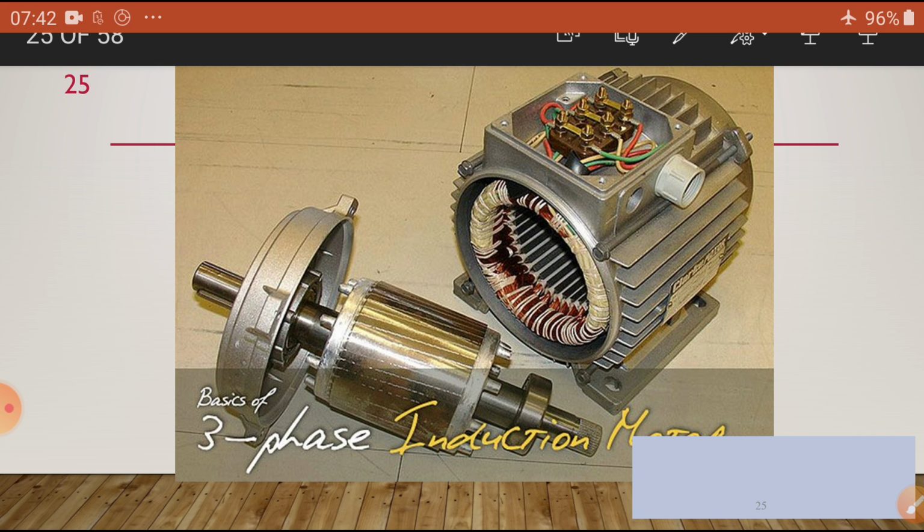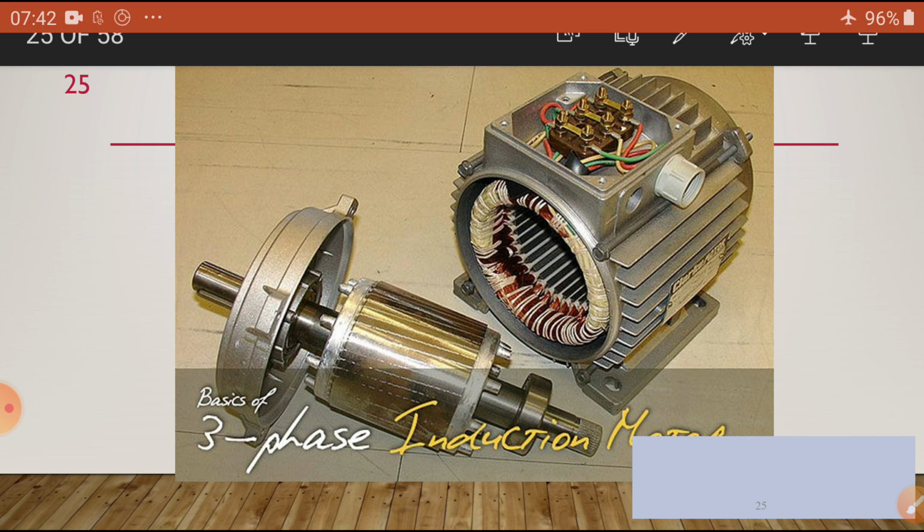In the first case, the OC test, we supply the primary winding through an auto transformer up to the rated voltage of the transformer. In the second case, the short circuit condition, we give the rated current of the transformer.